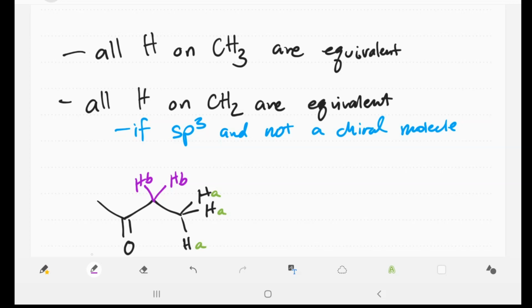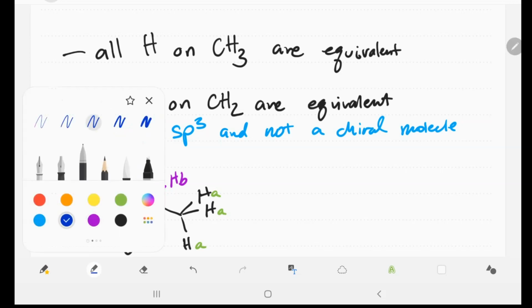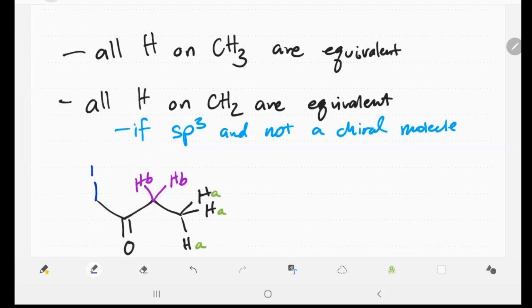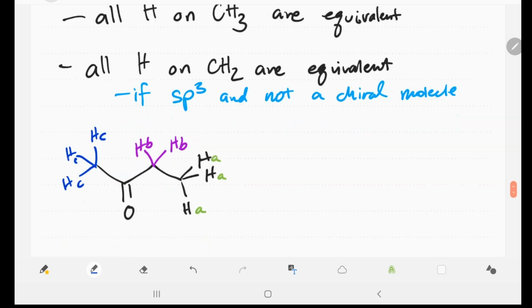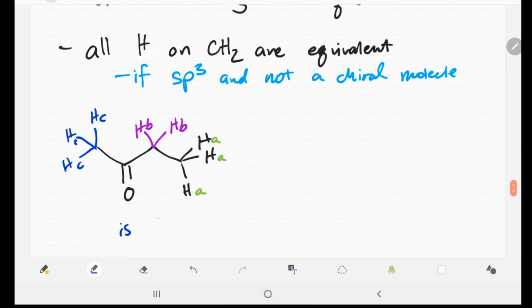And now we have this other set of hydrogens over here. Those would all be equivalent to each other because it's an SCH3. But are these two the same?